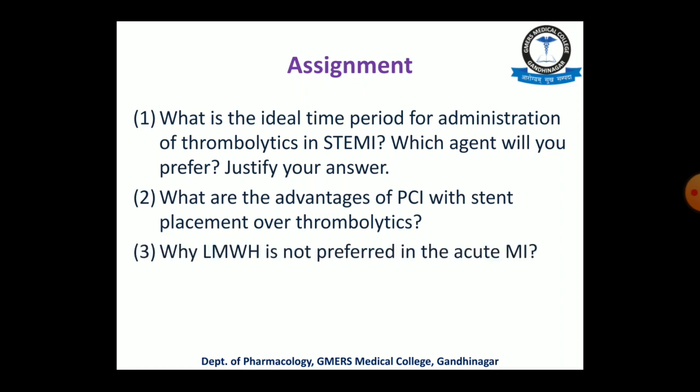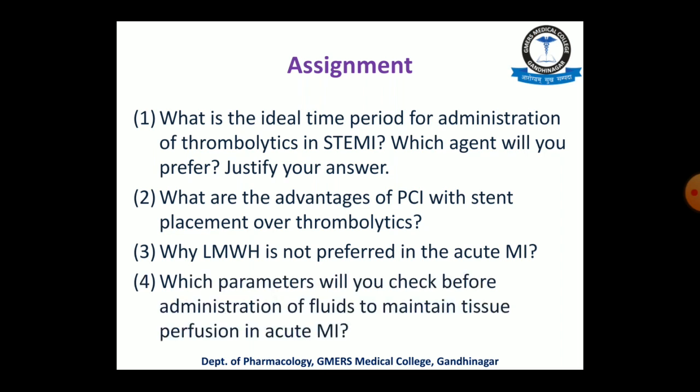Third, why is low molecular weight heparin not preferred in acute MI as an anticoagulant? And fourth, which parameters will you check before administration of fluids to maintain tissue perfusion in acute myocardial infarction?